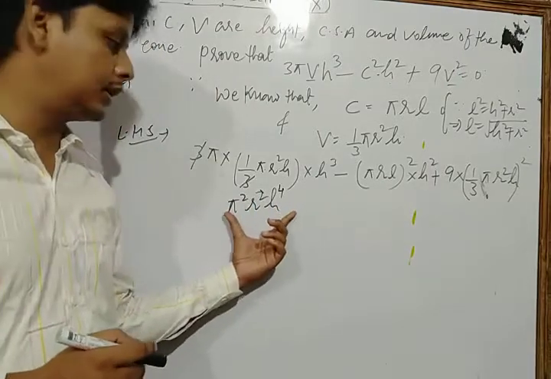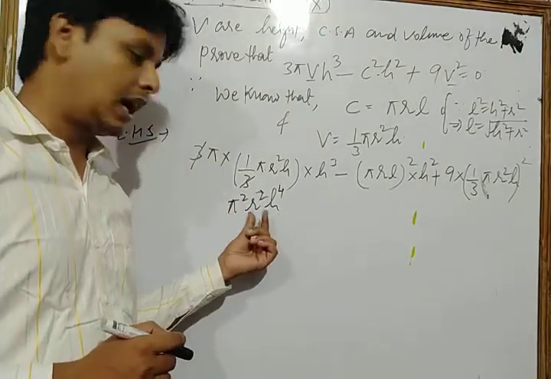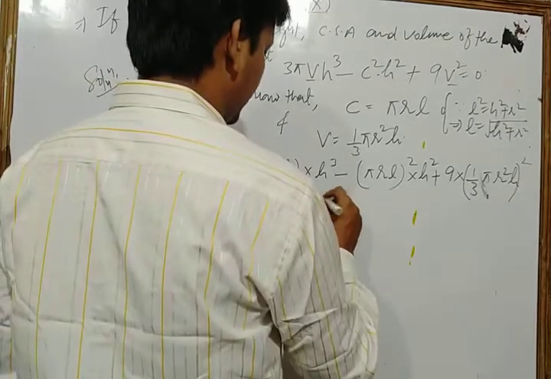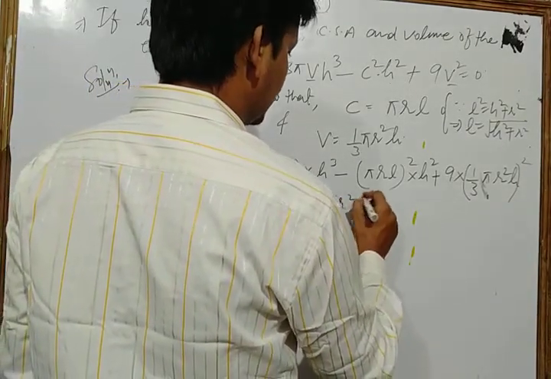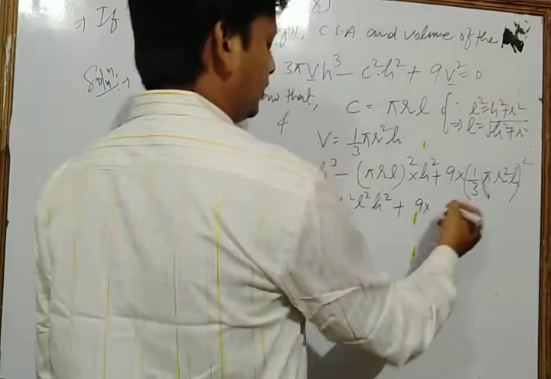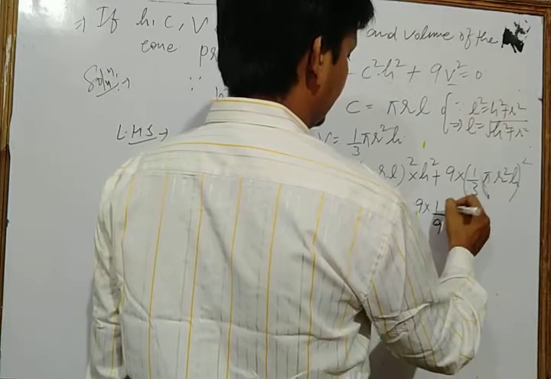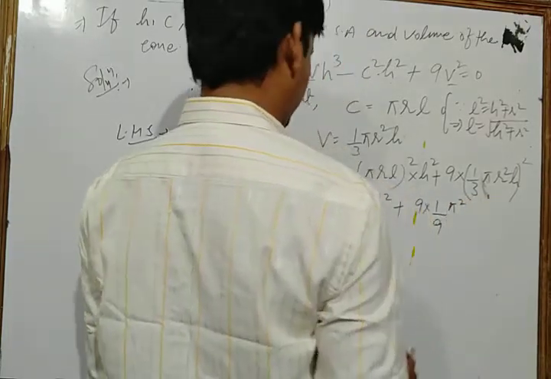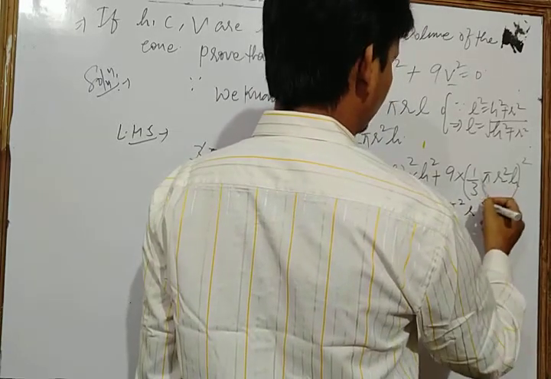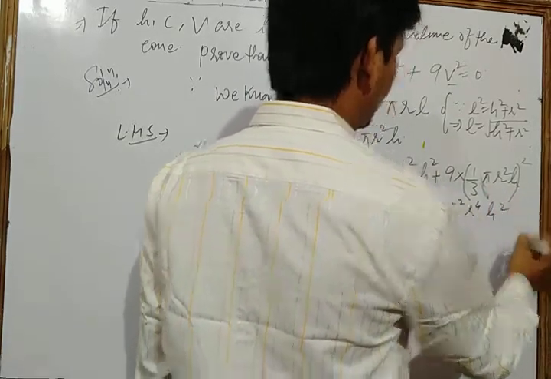So in the first part we get pi square R square into H to the power 4. Now here minus pi square R square L square into H square, plus 9 into 1 by 3 squared, which is 9 pi square R to the power 4 into H square.